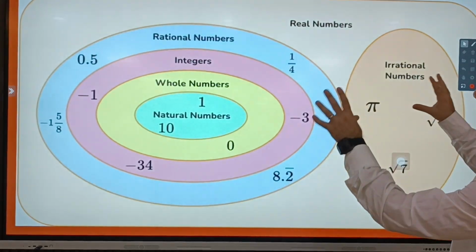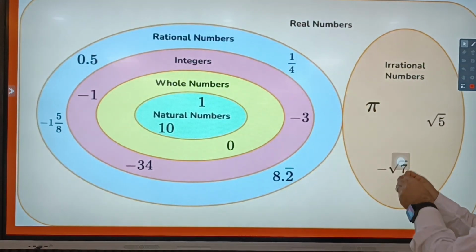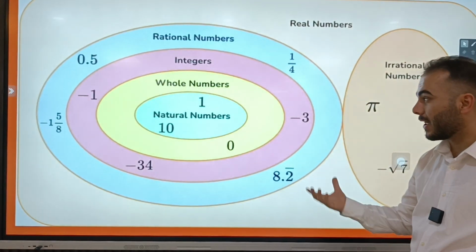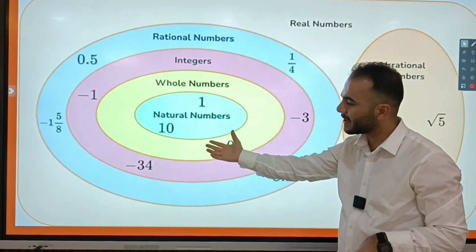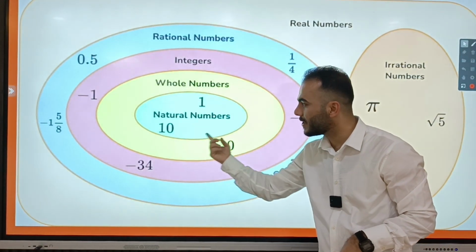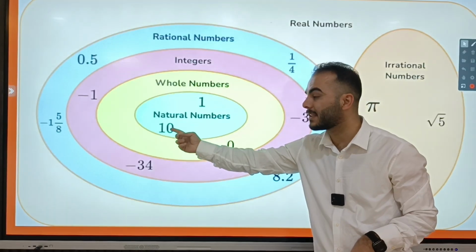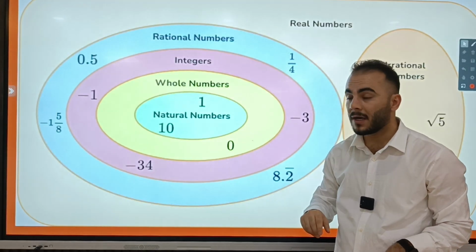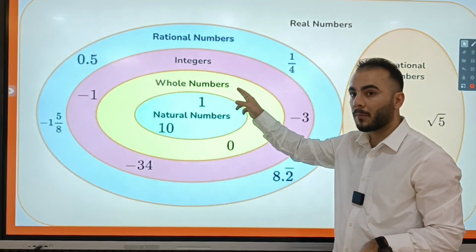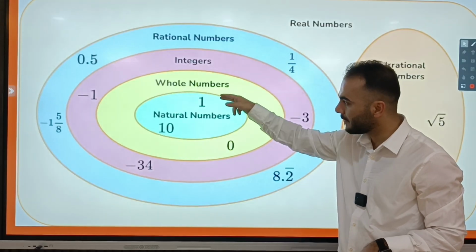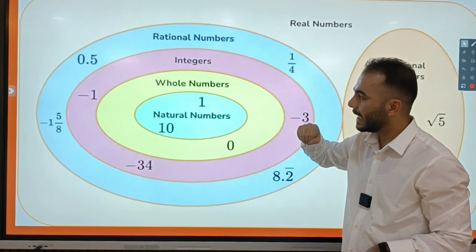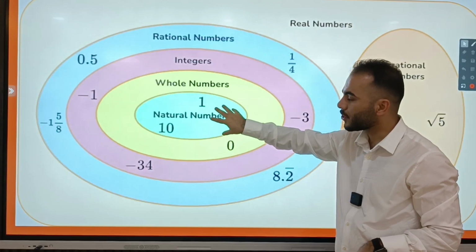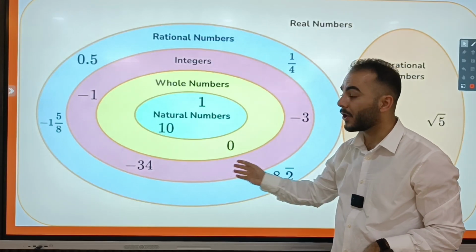So here we can generalize the real number set as in a Venn diagram. Rational numbers consist of this set of numbers. The smallest one is natural numbers, numbers like 1 and 10. The starting number is 1. Then we reach whole numbers. They start from 0, so the difference between these two is just the number 0. Then we reach integers. Integers are all the natural numbers, 0, and their negatives as well.